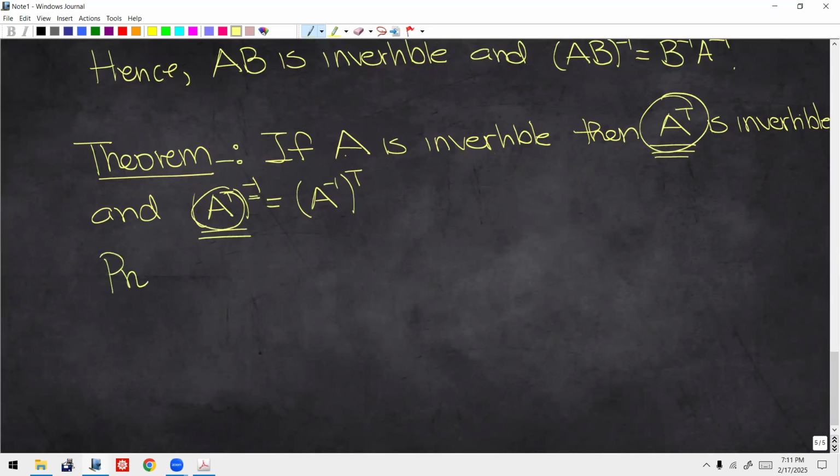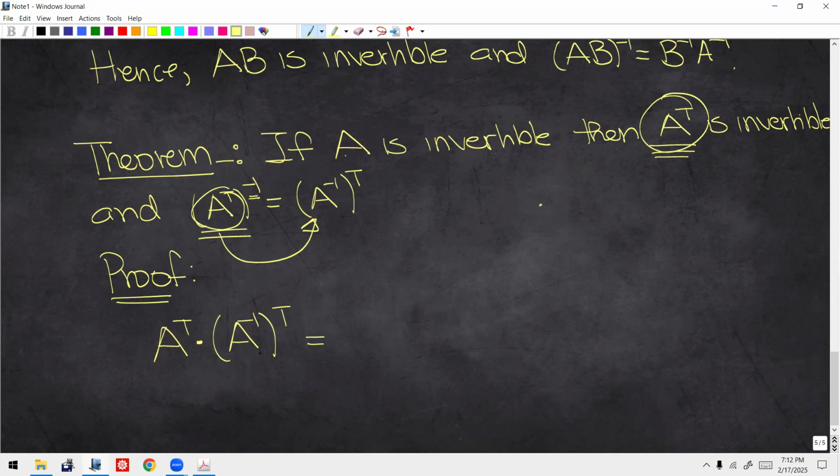So to do the proof, we'll do what we did in the last proof. We'll take A transpose times A inverse transpose, because we know that the inverse is given by that, right? So we want to show that if I multiply these two, I get an identity. So let's see if we do. If you recall from the property of transposes, if you take A times B transpose, we get B transpose A transpose from the last section.